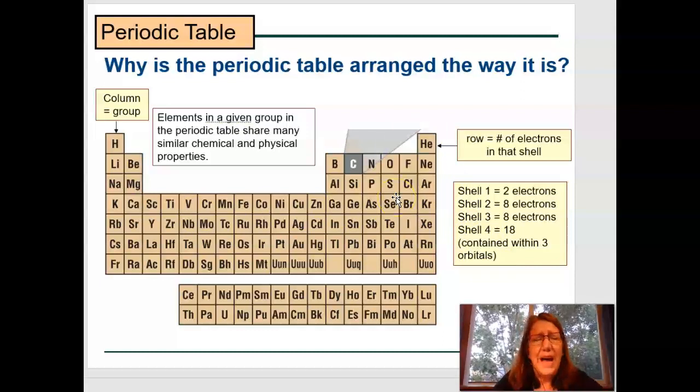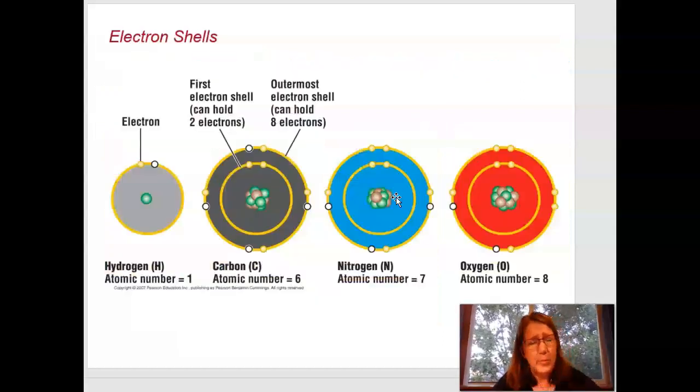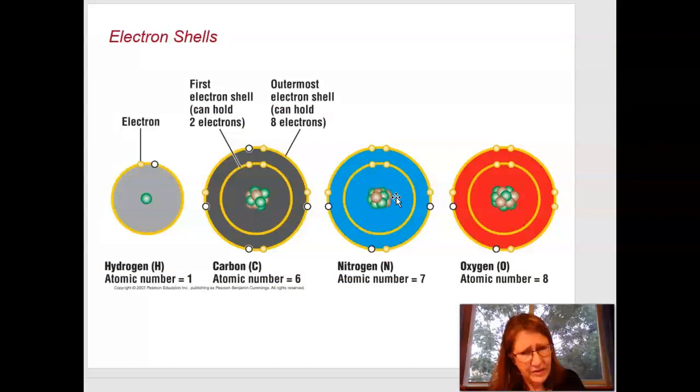So now if I go back to the picture of carbon, and we go back to our study guide, it says draw the electron shells of the carbon atom. So we've got carbon here with the protons and the neutrons in the middle. And then we've got that first shell, and that has 2 electrons in it.